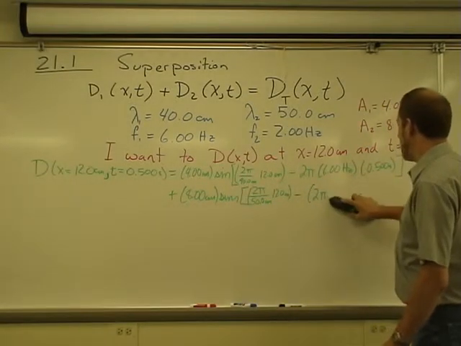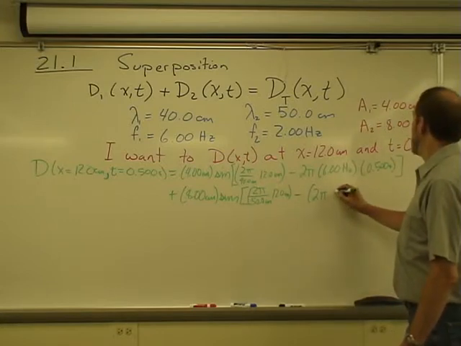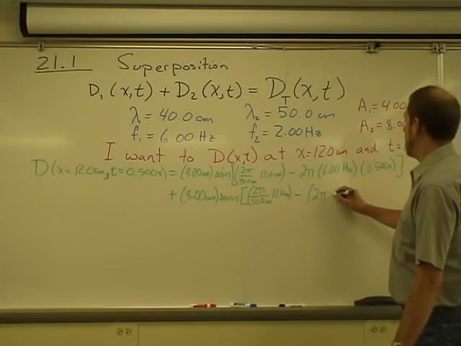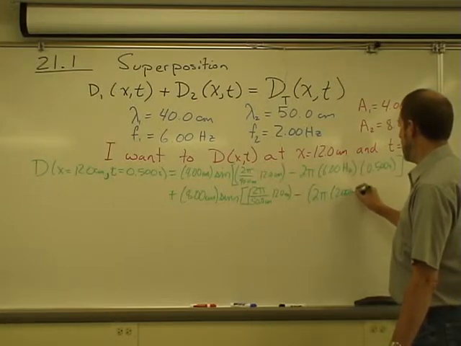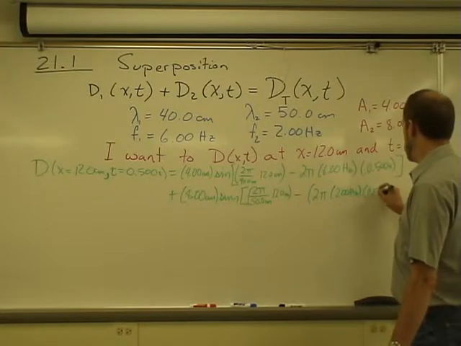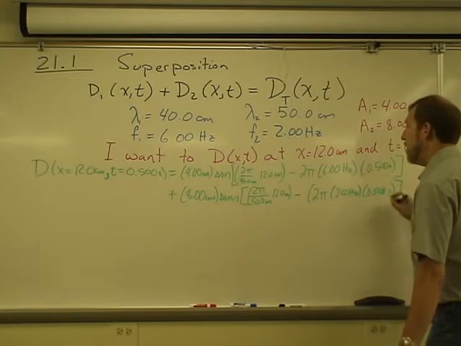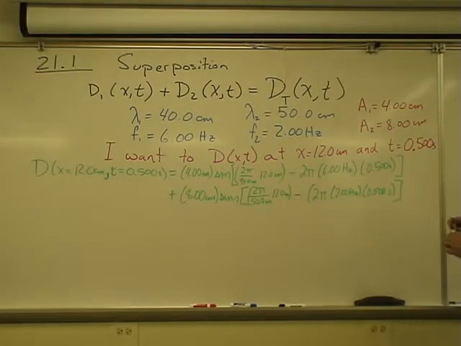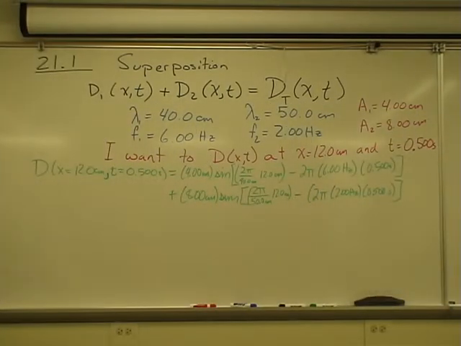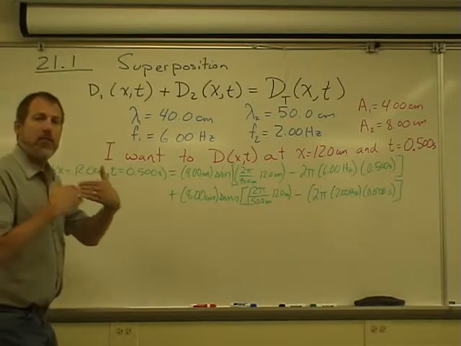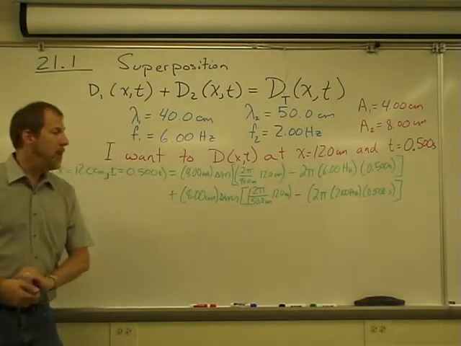I jumped into solving, which is not good. 2 pi times 2 hertz times 0.5 seconds. At this point, there are a couple of places in the class where the physics exists just as we're setting this material up. There comes a point where, like right now, the physics is done. Now all that we have left is merely algebra.